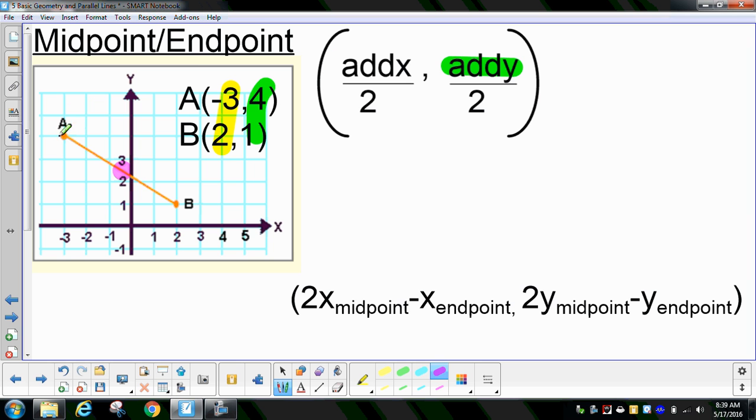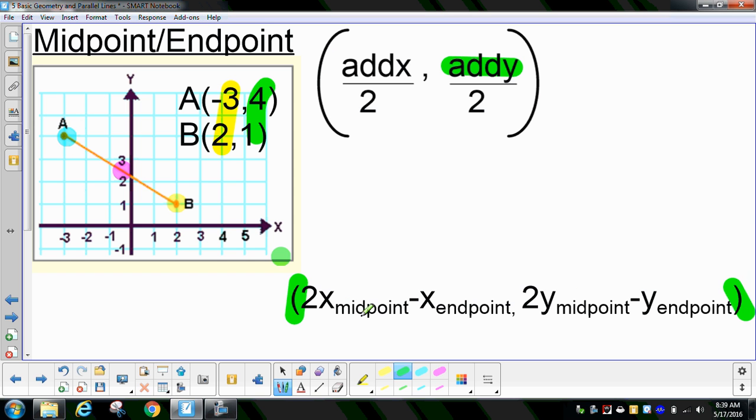Let's suppose that A is one endpoint and B is the midpoint, and we want to find C somewhere over here. That's the other endpoint. We can use this formula. Remember, I'm going to look for coordinates, so that's why I have parentheses.